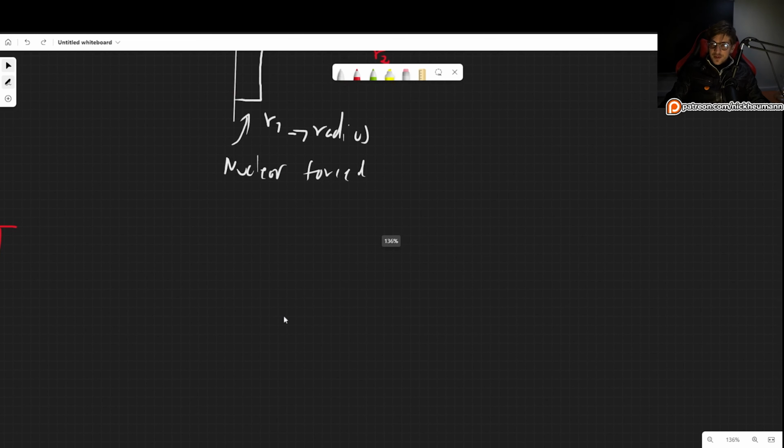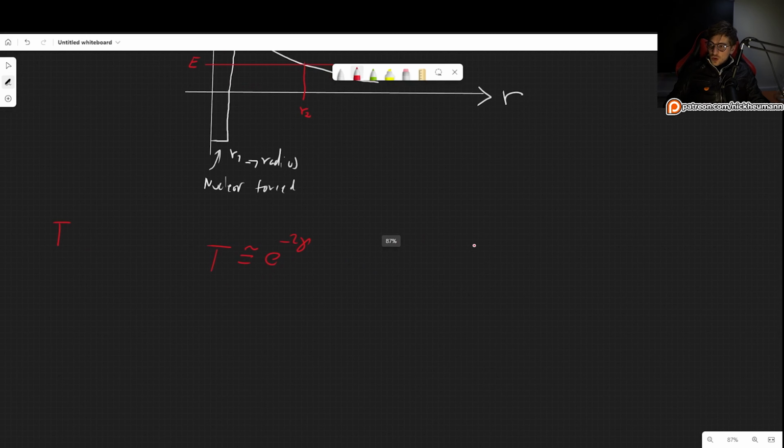So let's begin. So we know, of course, that the transmission coefficient is e to the minus 2 gamma, approximately, of course. Now, what was gamma? Gamma was this integral, so it was 1 over h bar, integral of the momentum dx. So what is the momentum?